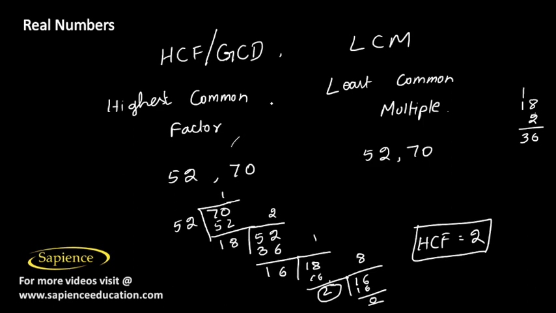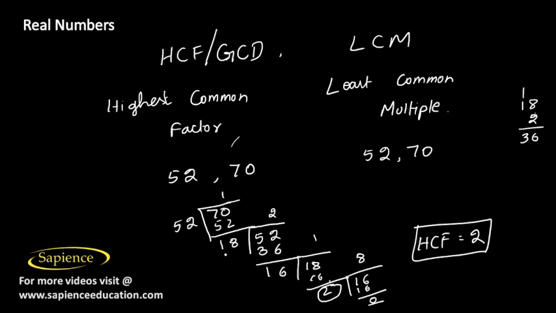Then we saw how to use this prime factorization to find out HCF and LCM. First we saw the traditional method that we already used in lower classes, which is the long division method for HCF, where we divide the number with the other number, then the remainder will become the divisor, and the first divisor will become the dividend.